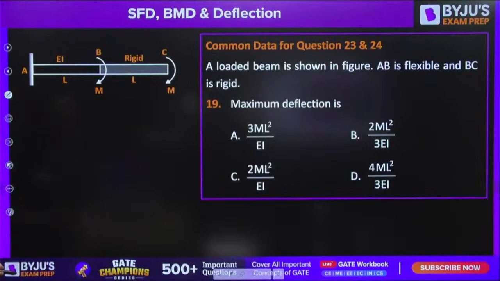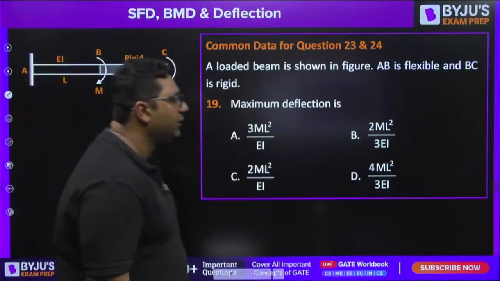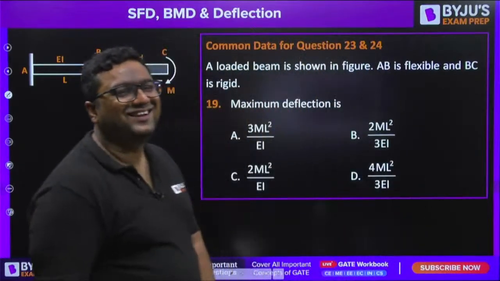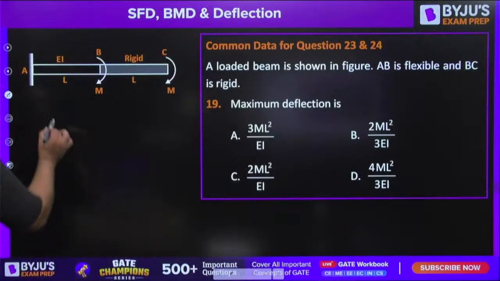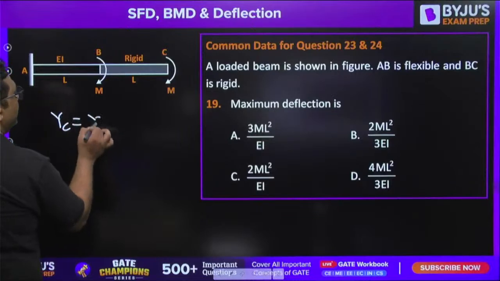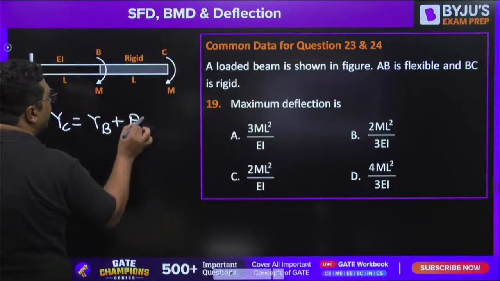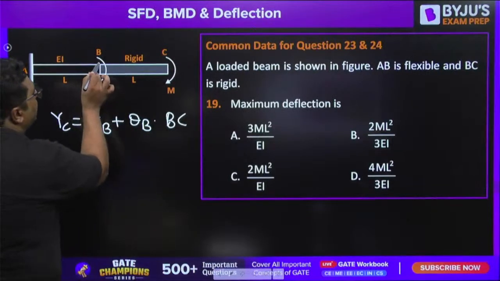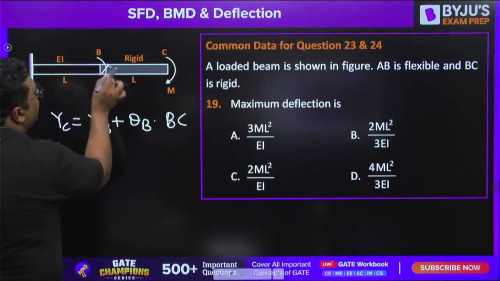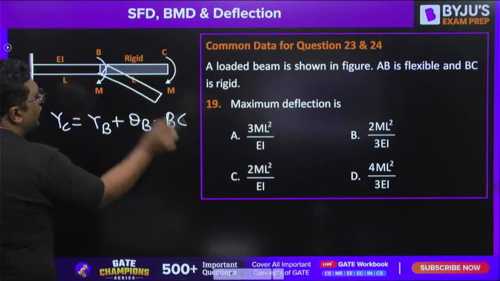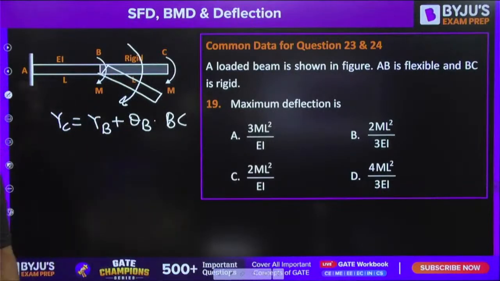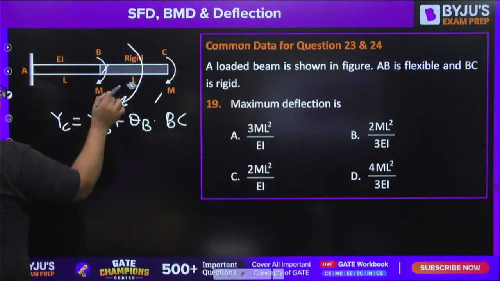Next question, guys. The last question for today is maximum deflection. So you need to find the deflection at C now. It is deflection at B plus theta at B into BC. Why are we doing it? Because this rigid part can rotate like this, but cannot deflect. This rotation is possible, but deflection is not possible.